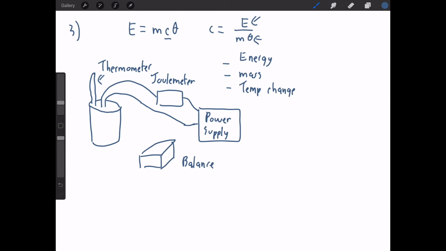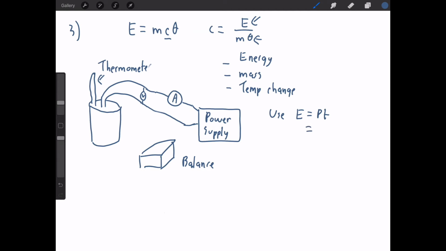If you don't have a joule meter, you can do it another way. Just make that a bit smaller. So connected to the power supply still, I can put a voltmeter across here, and I could also put an ammeter across there, and then I could use energy equals power times time.